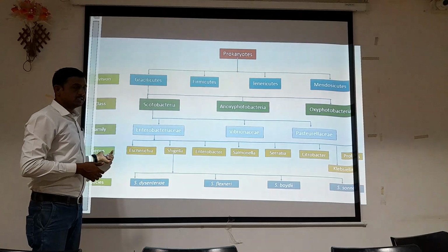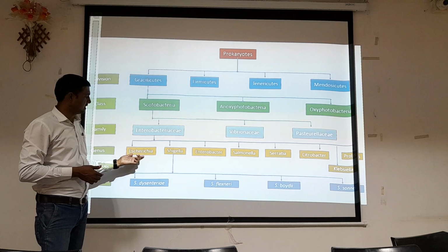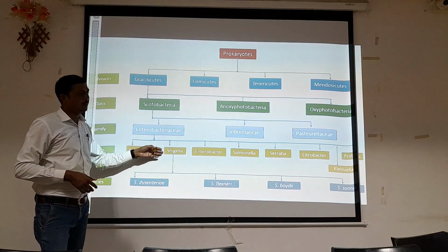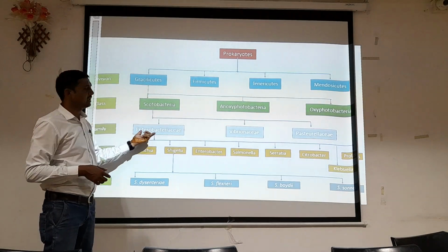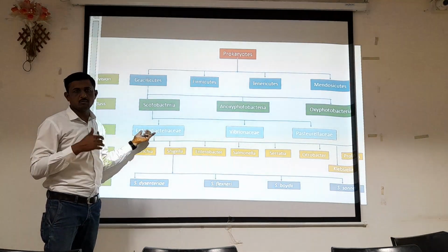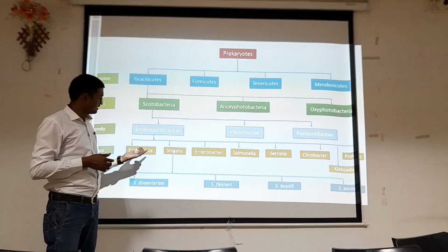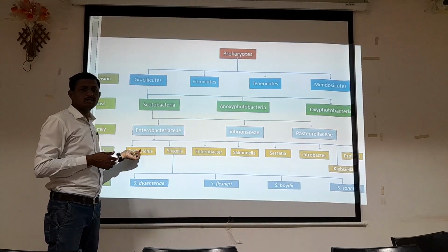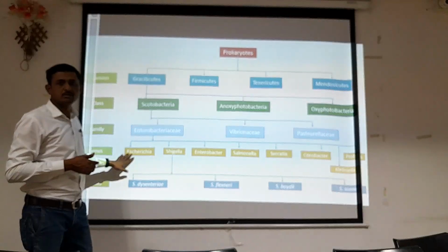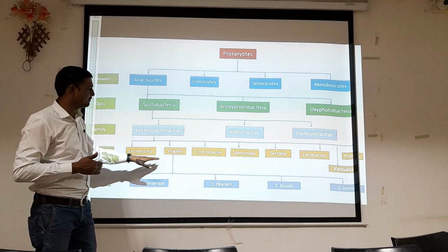The genera which belong to the Enterobacteriaceae family include Escherichia, that is Escherichia coli, a group of organisms normally present in the intestine, included in the enteric group. Normally the indicative or representative member of that group is Escherichia coli.